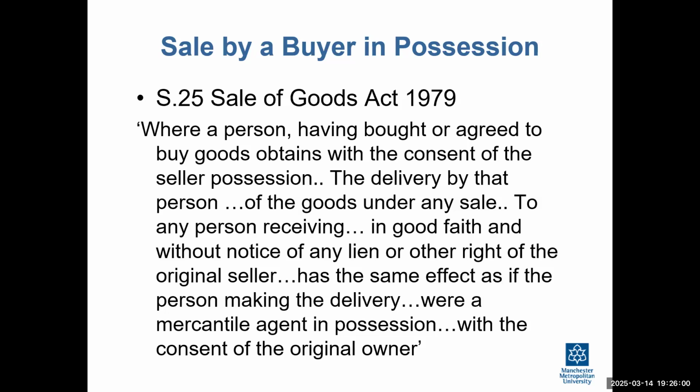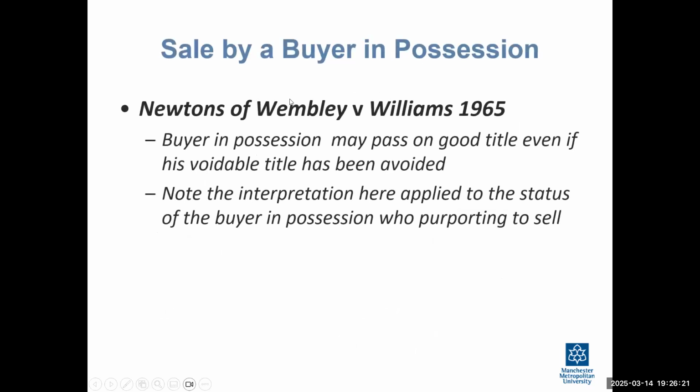And again, it's just the law trying to not force people to go to extra lengths to verify the interest of the ownership of the person selling to them. So yeah, Section 25 is the provision on the sale by a buyer in possession.